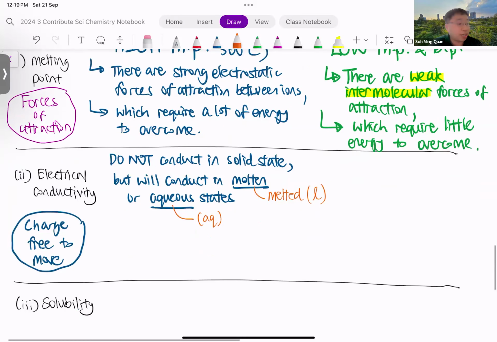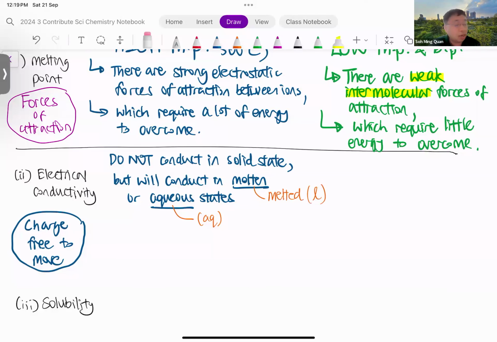So ionic compounds are quite special, because they do not conduct in the solid state, but they will conduct electricity in the molten and aqueous states. Why? There must be a difference between solid and molten or aqueous. In the solid state, the ions are not free to move.